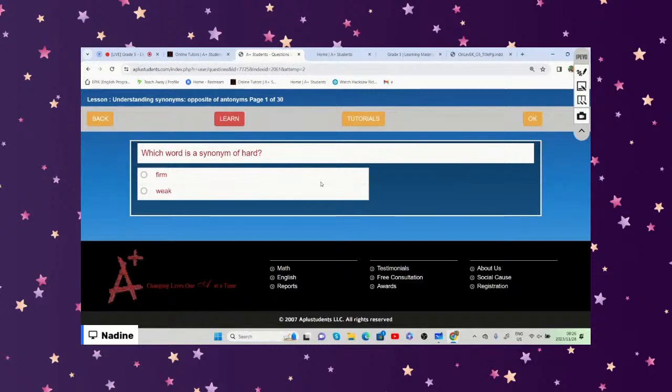We need to find the correct word that is the same as or similar to hard.